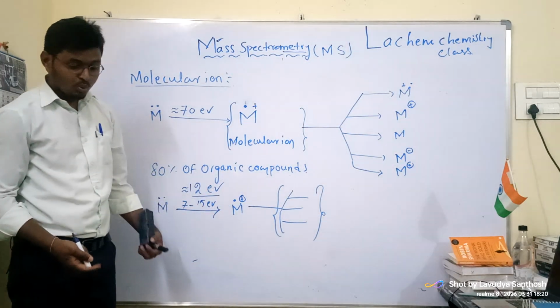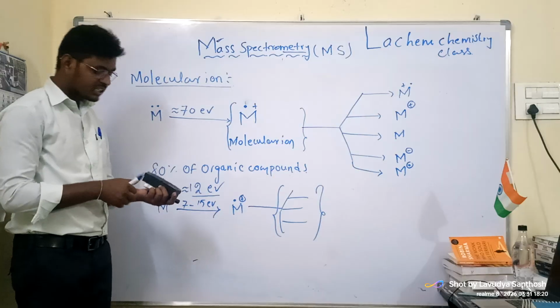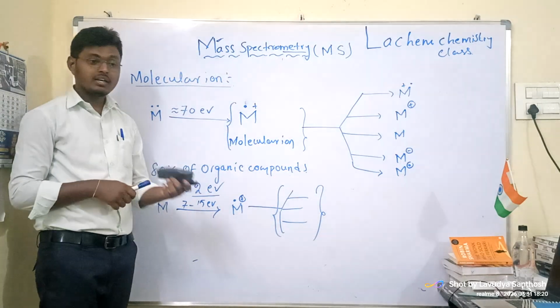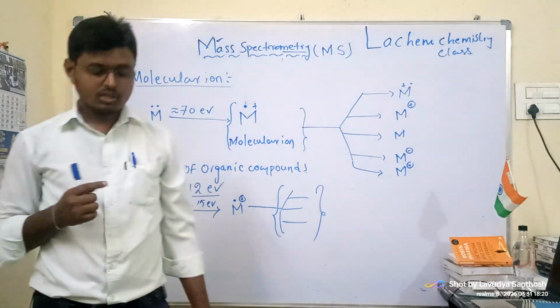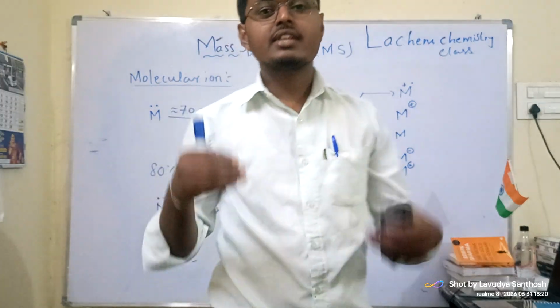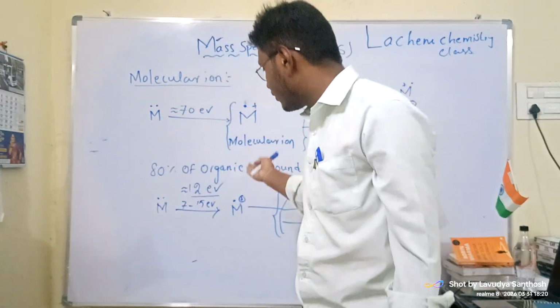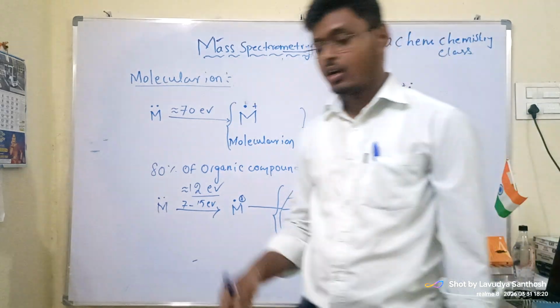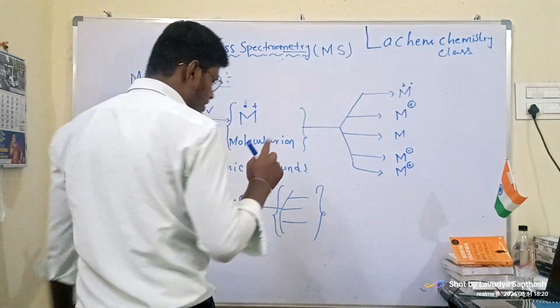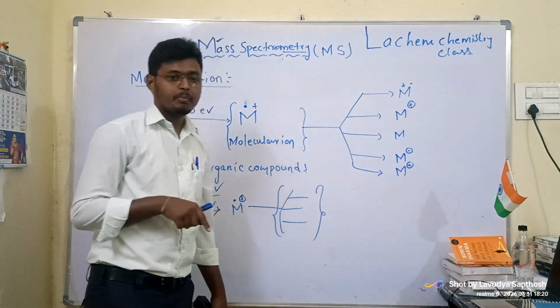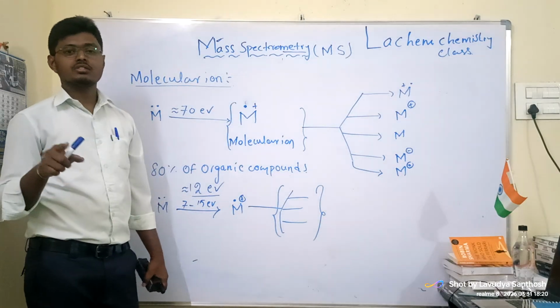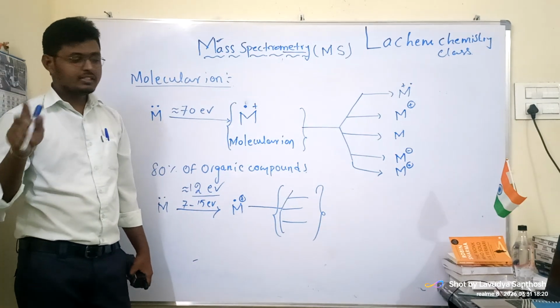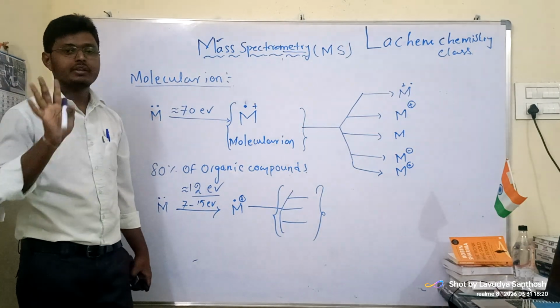Now tell me, what is the maximum energy that is required to generate molecular ion? Option A is 70, B is 7, C is 15, D is 20.